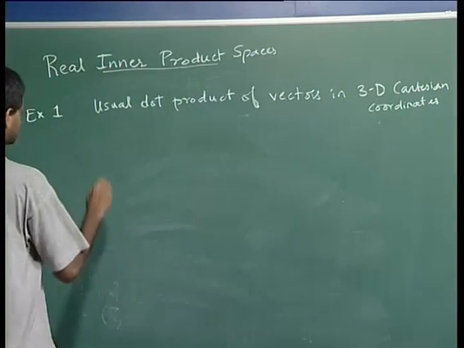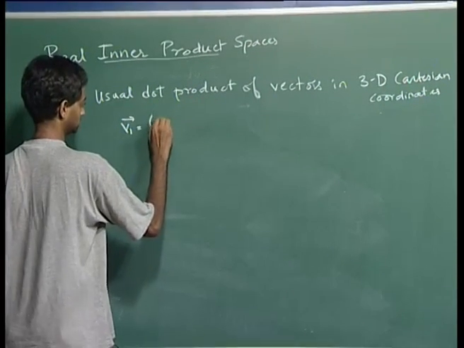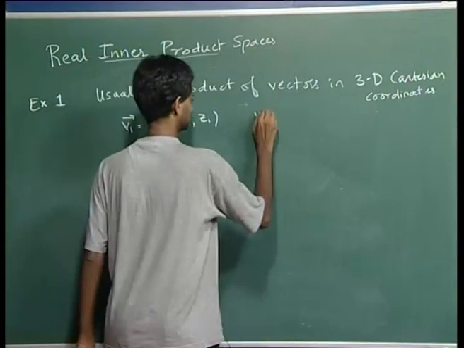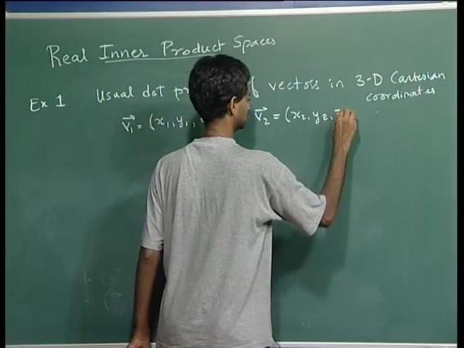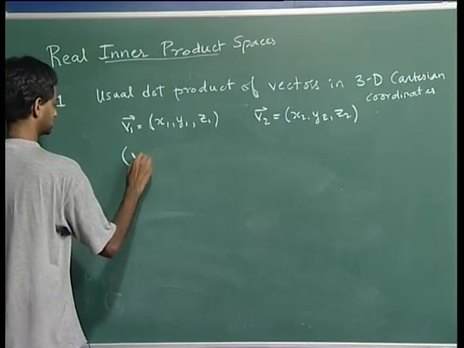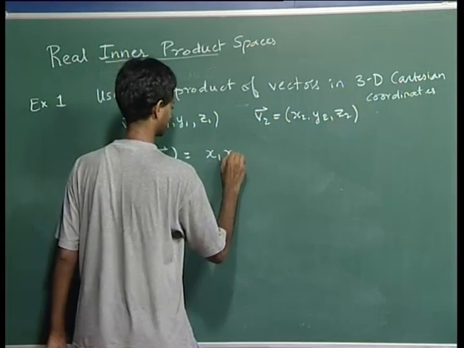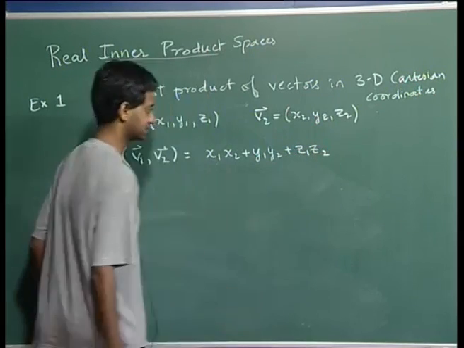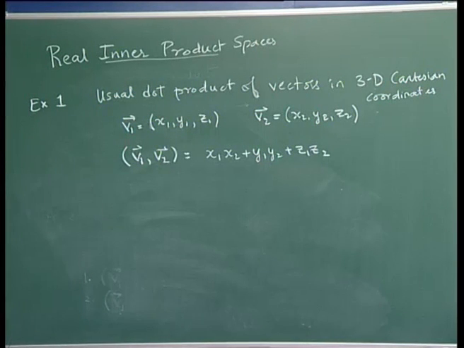So, for example, you can say V1 is equal to x1 y1 z1, V2 is equal to x2 y2 z2, then the inner product is equal to x1 x2 plus y1 y2 plus z1 z2, and we have seen that this satisfies the axioms for a real inner product.